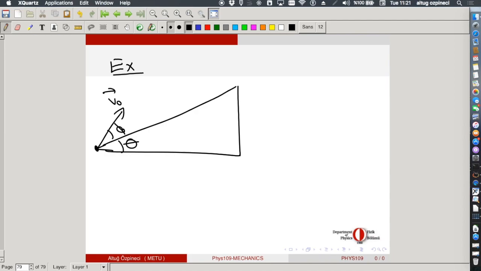Which would be the x, y, and z directions? We already know that the trajectory will be a two-dimensional motion. It won't really be a three-dimensional motion, so it will always move in a plane. So let's only fix the x and the y coordinates. X is horizontal. Y is the vertical. Okay, this is one choice.